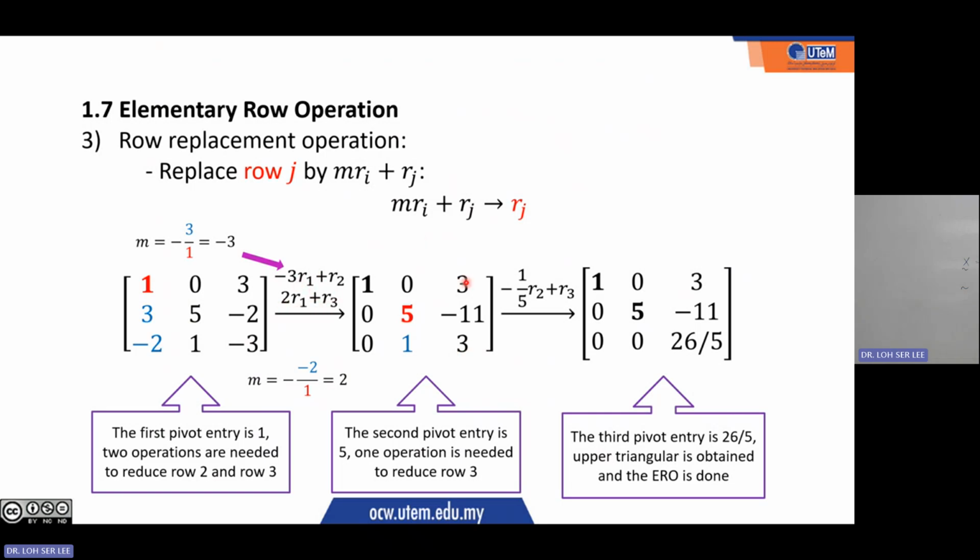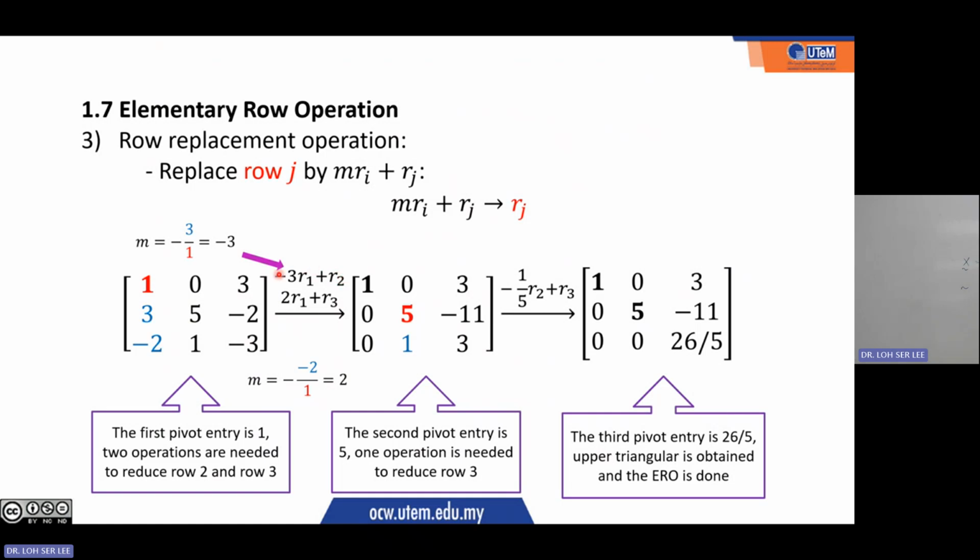Once you have constructed this, you have identified the operations. Next we can write the new matrix. According to these operations, we know that only row 2 and row 3 will be changed. Row 1 remains the same, so there is no change on row 1. 1 0 3 is still 1 0 3. For the second row, we have to apply the first operation.